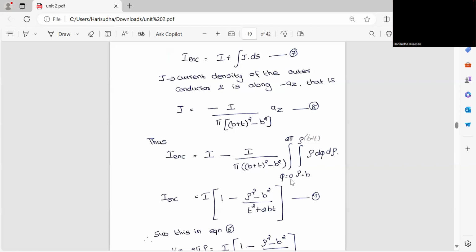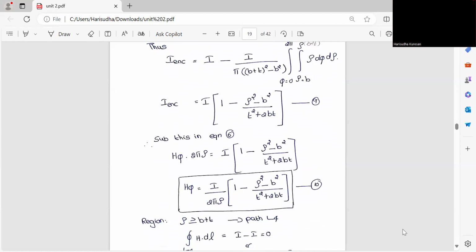So phi ranges from 0 to 2 pi and rho ranges from b to b plus t, and your az unit vector varies with respect to rho, d phi and d rho. So taking I as common, we can write the enclosed current is equal to I times 1 minus (rho square minus b square) divided by (t square plus 2bt). That means after integrating this term, you will get rho square minus b square divided by t square plus 2bt.